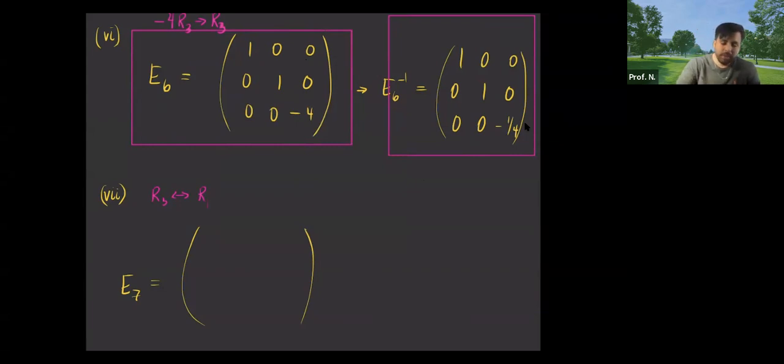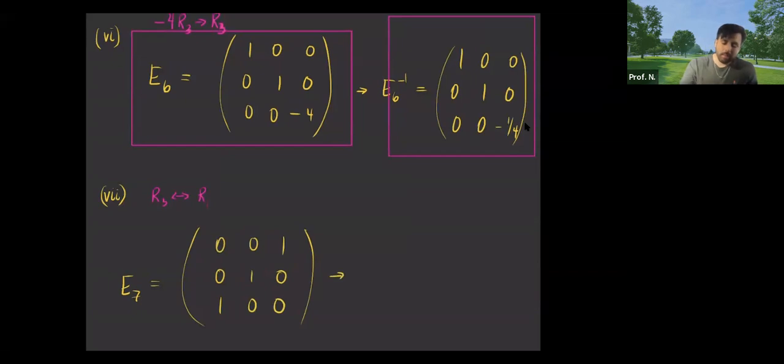Remember that elementary matrices are just the identity matrix with the row operations applied to it. So if the identity matrix for 3x3 is 1, 0, 0, 0, 1, 0, and 0, 0, 1, and I want to swap row 3 and 1, that's exactly what I'm going to do. I'm going to swap these rows here. And so then I get 0, 0, 1. The second row stays intact. This becomes 1, 0, 0.